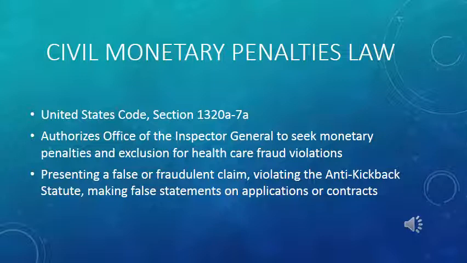Violations that may justify civil monetary penalties include presenting a claim that is known or should be known is for an item or service that was not provided as claimed, or that is false or fraudulent, violating the anti-kickback statute, and making false statements or misrepresentations on applications or contracts to participate in the federal health care programs.